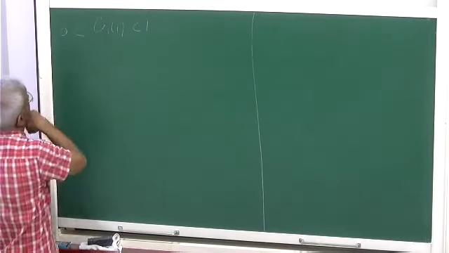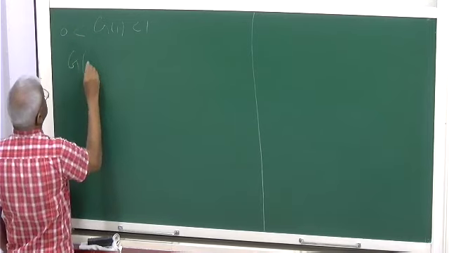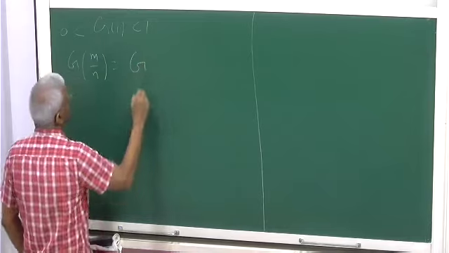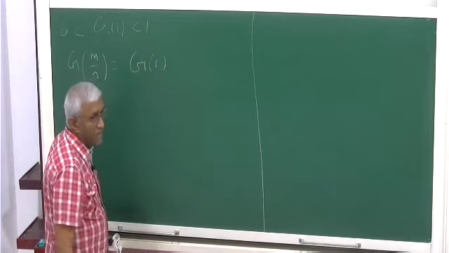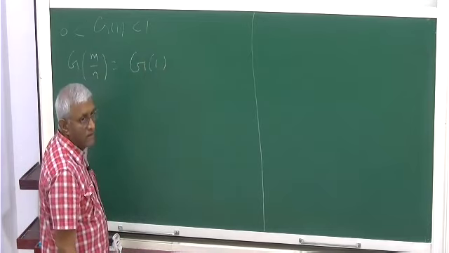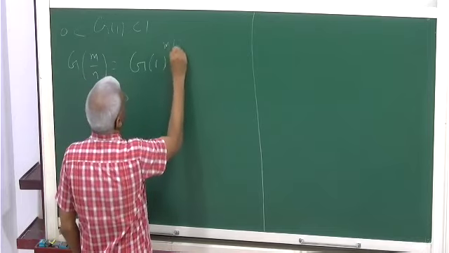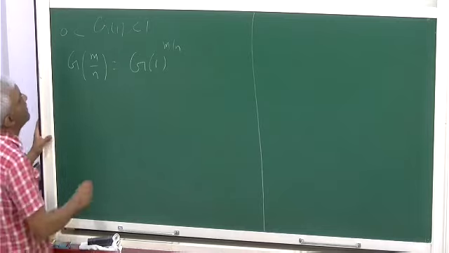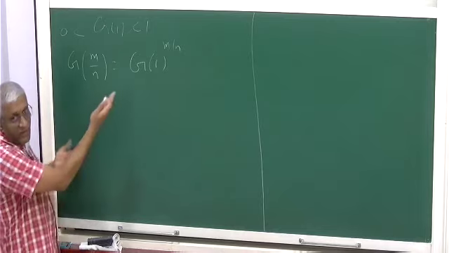And we also have g of m by n equals g of 1 power m by n.